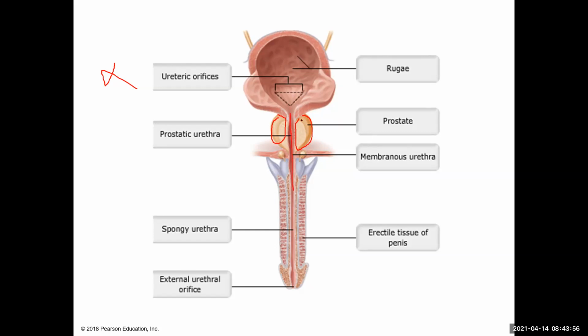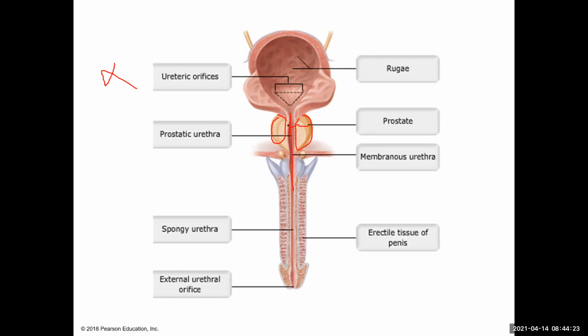So it surrounds the urethra. It is made up of almost 20 to 30 glands together and made up of dense connective tissue. The prostate produces a base. It has nothing to do with the urinary system because it produces secretions for the sperms, right? The volume of the semen is basically decided by the prostate secretions.